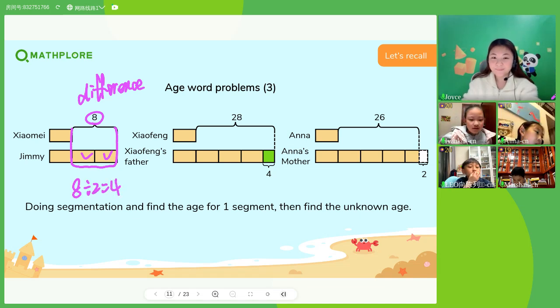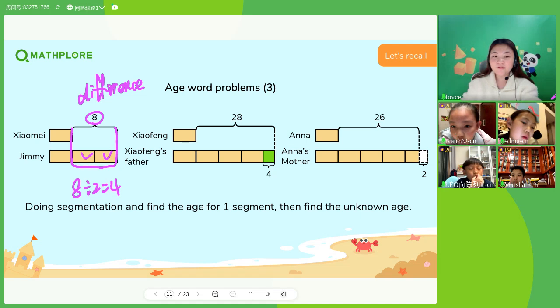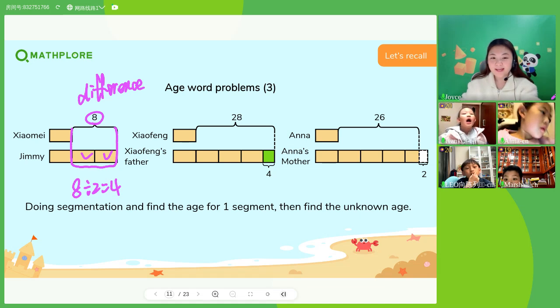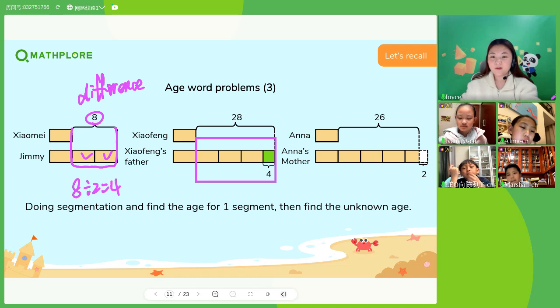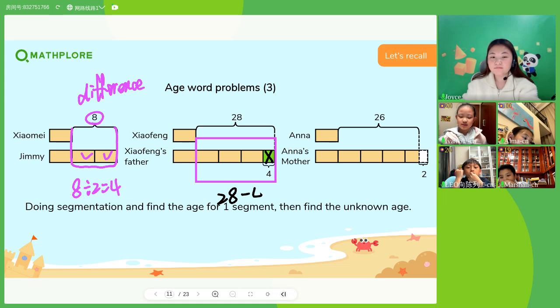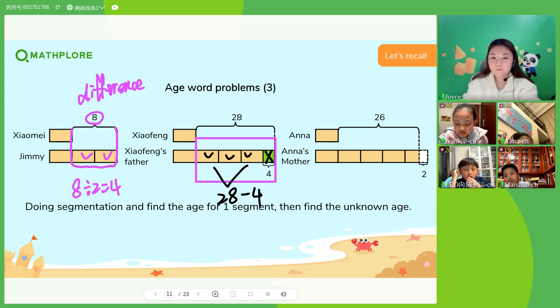Clear? And if this part equals 28, what should we do at first? We use the 28 to minus the more than part. So we have only 3 equal parts left, which equals 24.